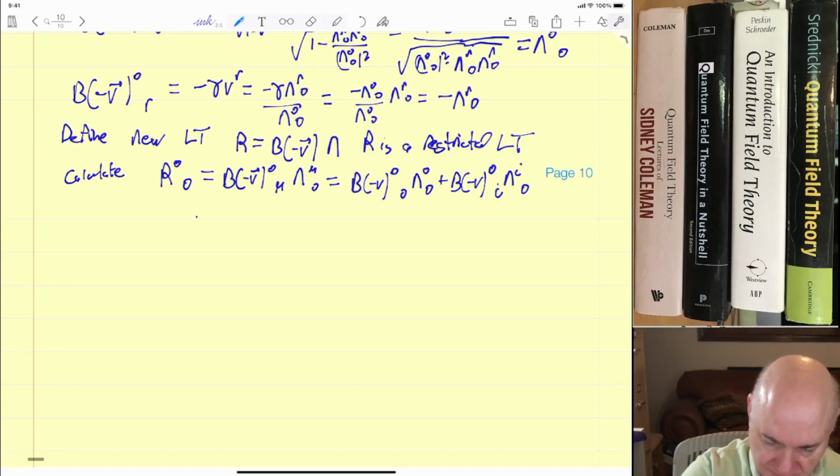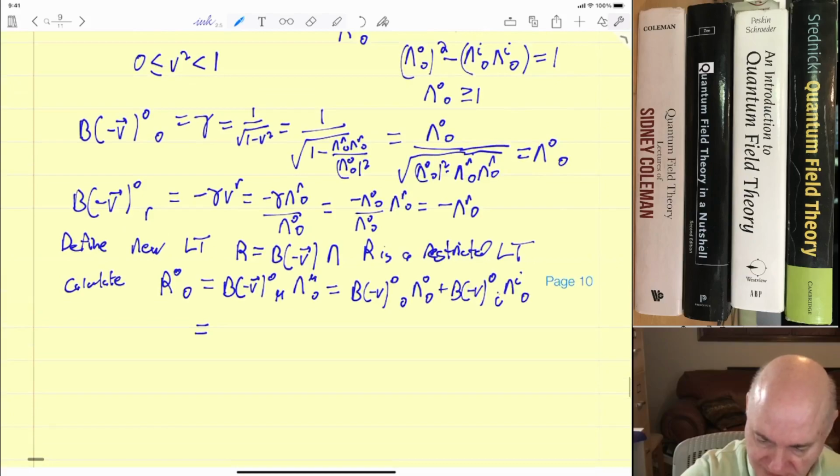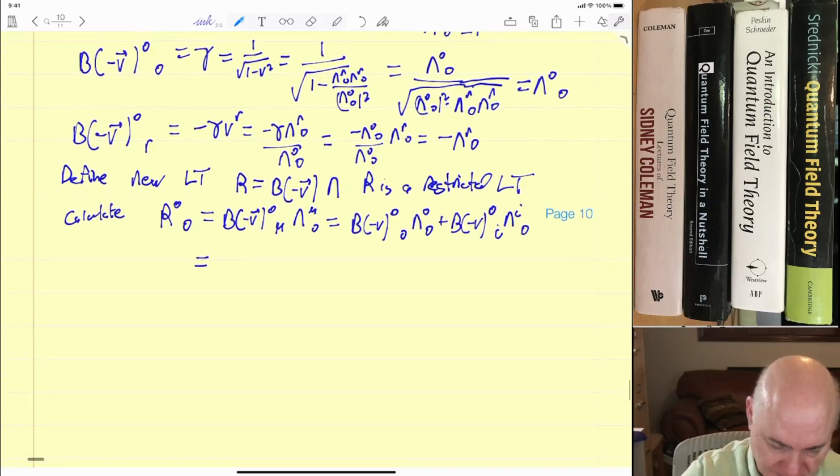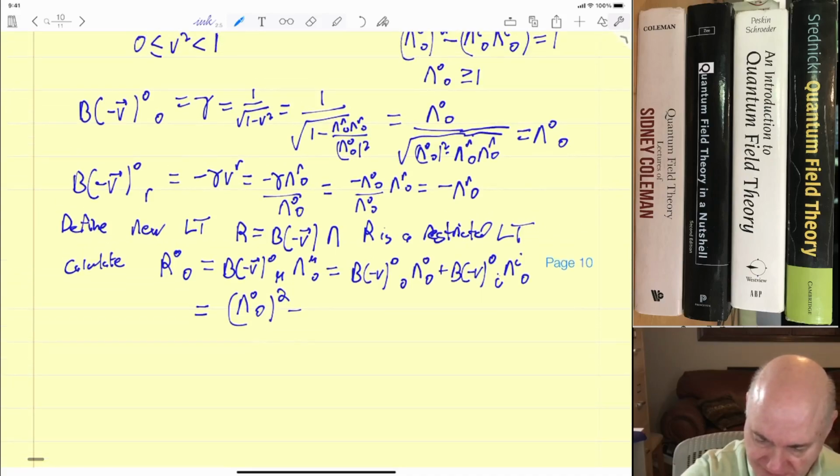So this is equal to, we already established earlier that B of minus v 0 0 is gamma, and that gamma is lambda 0 0. So this is equal to lambda 0 0 squared minus, and we also established that B of minus v 0 i is minus lambda i 0, so this is minus lambda i 0 lambda i 0.